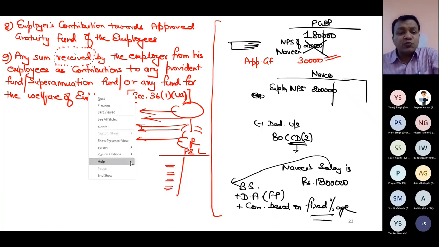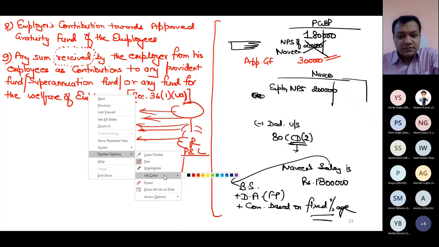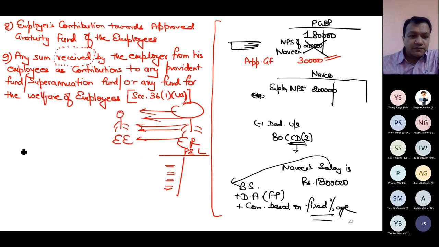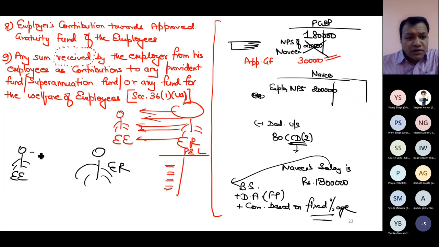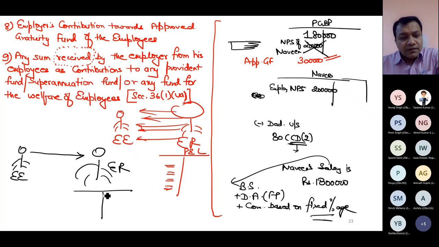Now what is happening in this 9th point? The employee is giving something to the employer, and still the employer is getting the deduction.